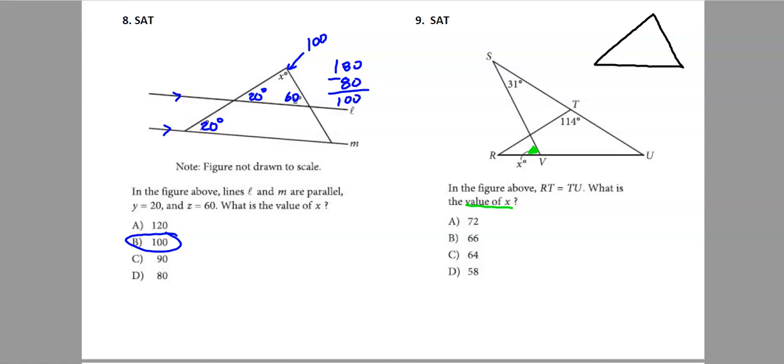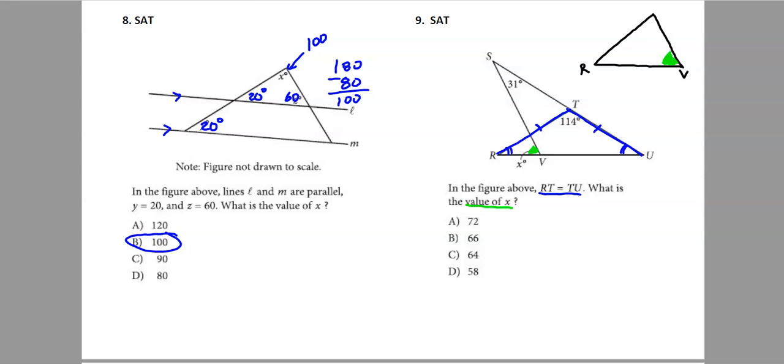If I can kind of get this RV triangle down there in the little bottom corner, if I can get some other information in there, that should be able to help me out. The clue, don't miss the clue, RT equals TU. So that means RT has to equal TU, which means that this angle needs to match that angle.